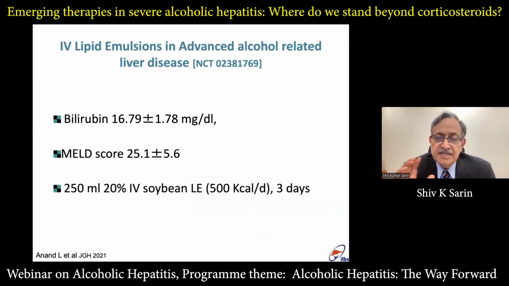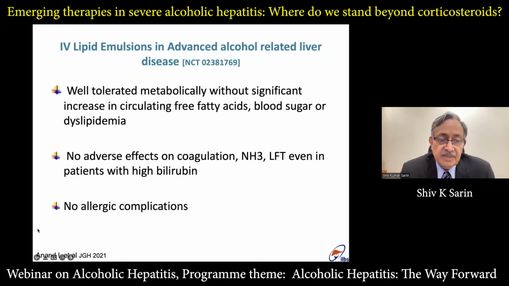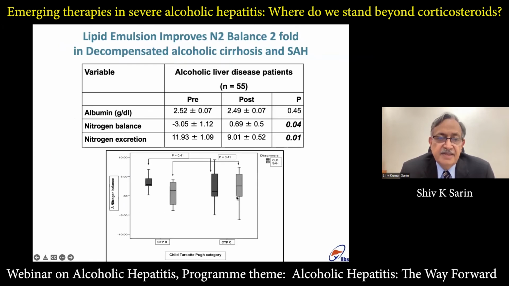Now, this is intravenous. All that was oral. This was 2 studies, 2 DM theses. Patients who had high bilirubin and MELD score were given intravenous soybean, 500 calories, 3 days. They were well tolerated. What is interesting to note is that in these patients, this is CLD alcohol, this is severe alcoholic hepatitis.